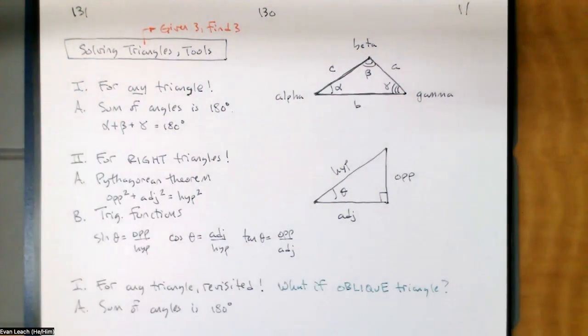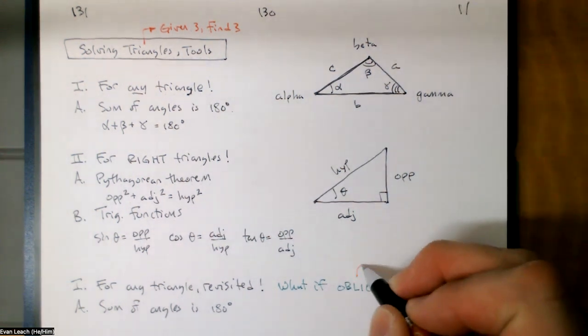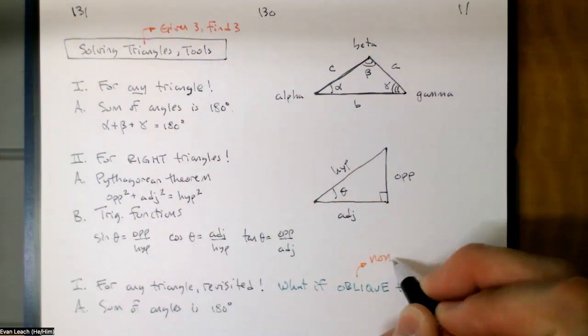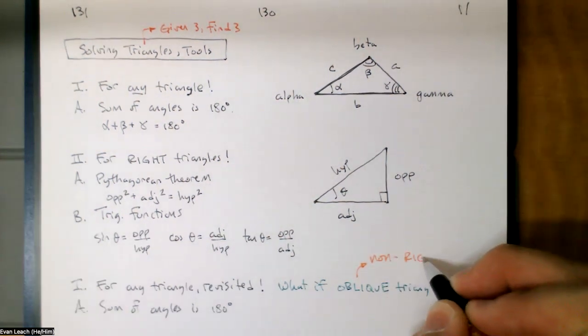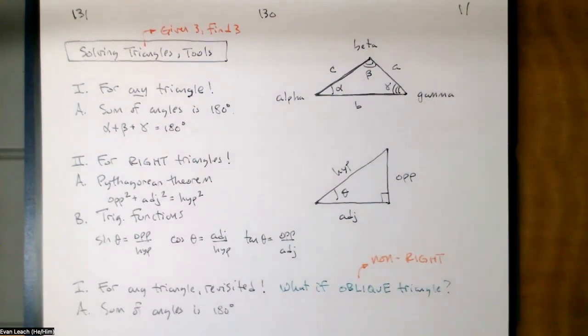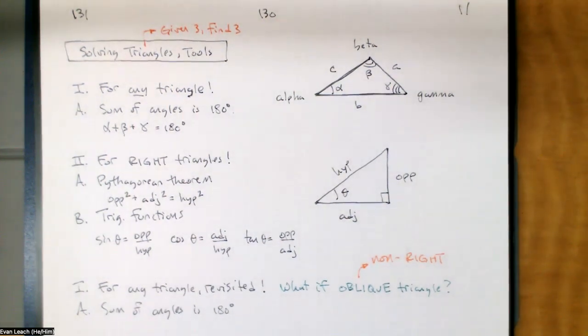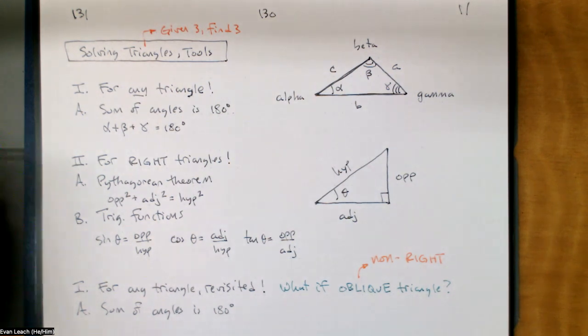Now we have to deal with what if we have an oblique triangle. Oblique just means non-right triangle. And what we mean here is that we don't get to use opposite adjacent hypotenuse.